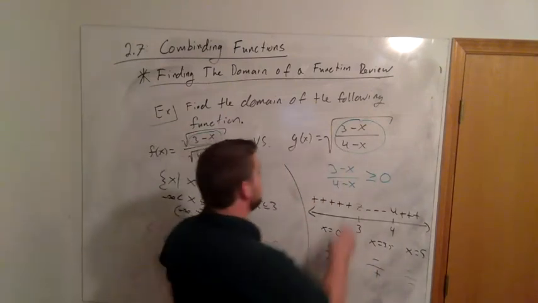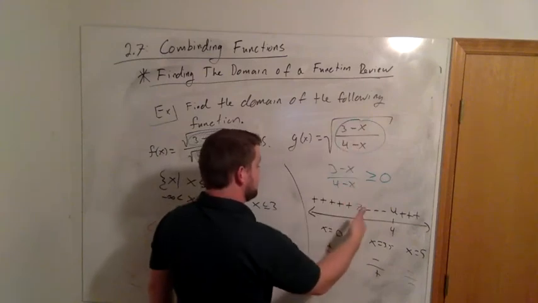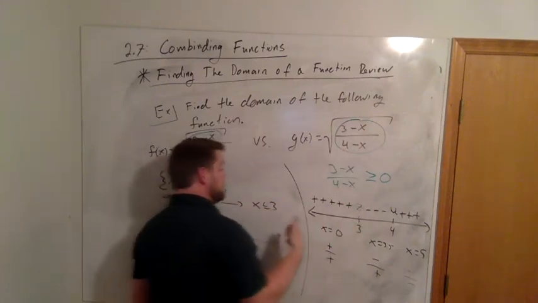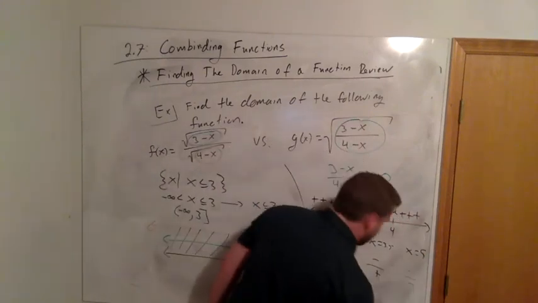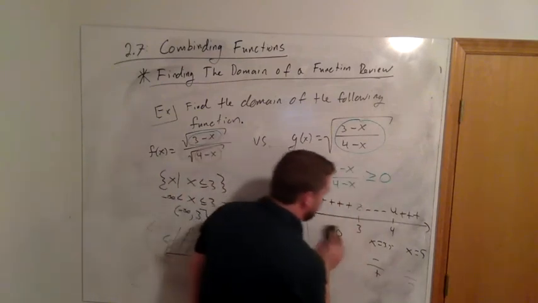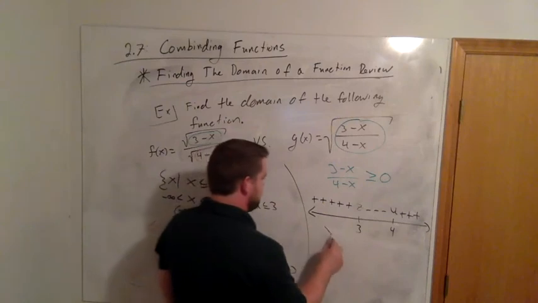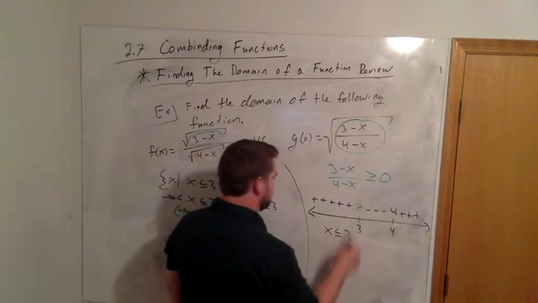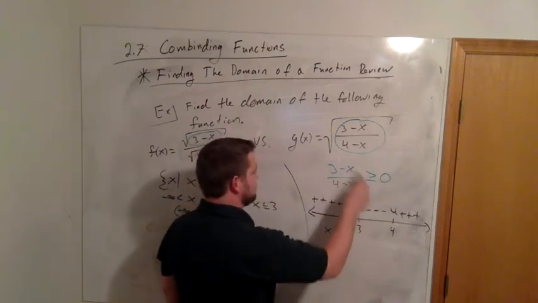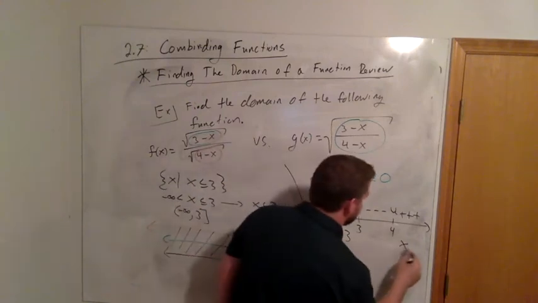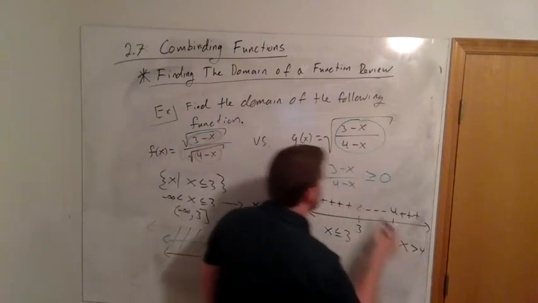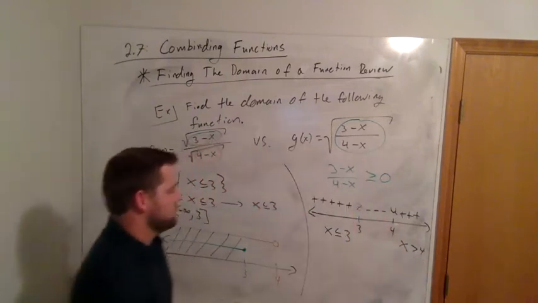We can plug numbers into this function for numbers less than 3 or bigger than 4. I need to be a little bit careful with my signs though. Here, I need x to be less than or equal to 3, because when I plug in 3, this piece is just 0. And I need x to be strictly bigger than 4, because if I'm right at 4, I'll be dividing by 0.